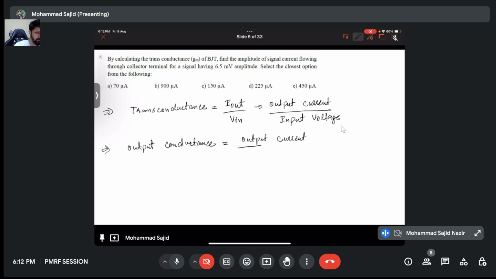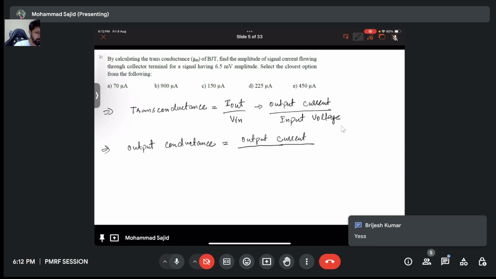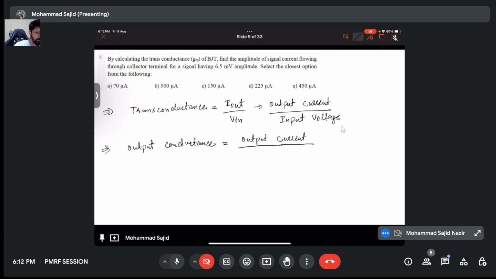So what will be the voltage? Which voltage for the output conductance? For transconductance, we need the input voltage. For output conductance, we need the output voltage.